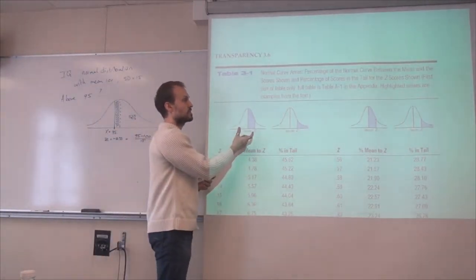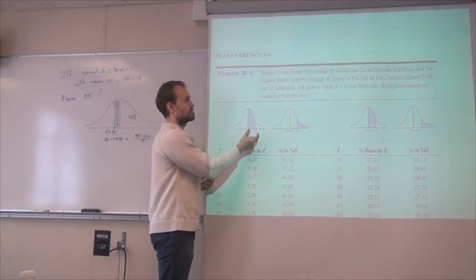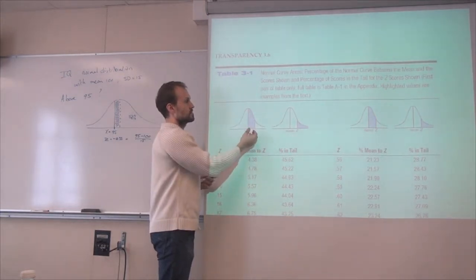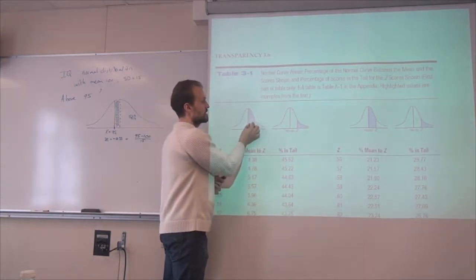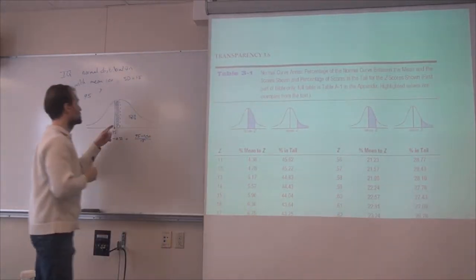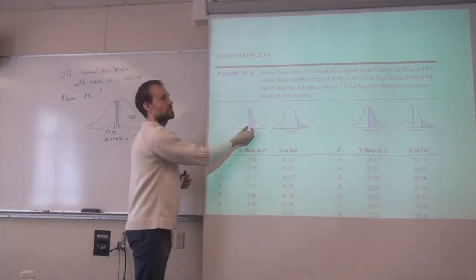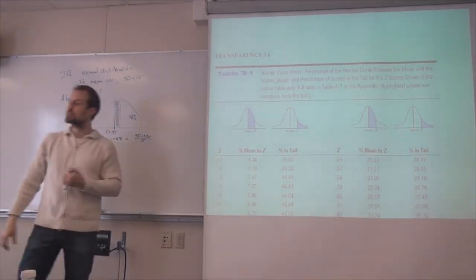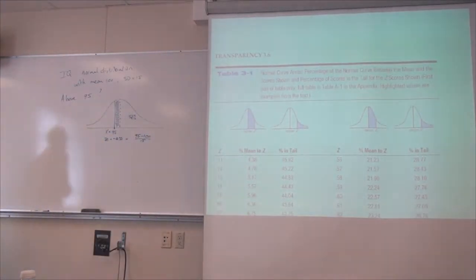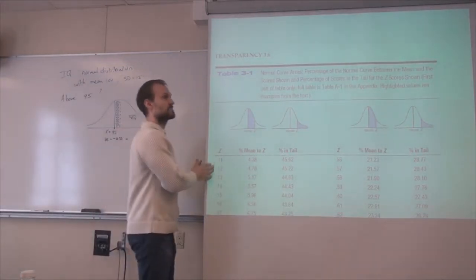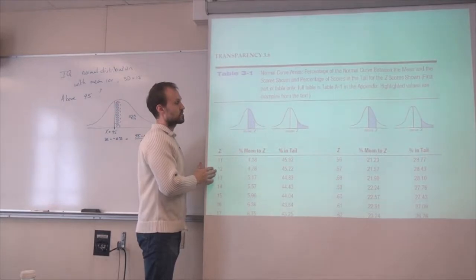Because of symmetry, the table only gives me areas on the right of the halfway line at the mean. So if I find this little area, it's the same as this one, on the left side of the mean or the right side of the mean. It's the same area because of the symmetry. So it doesn't have to give me any negative z scores.